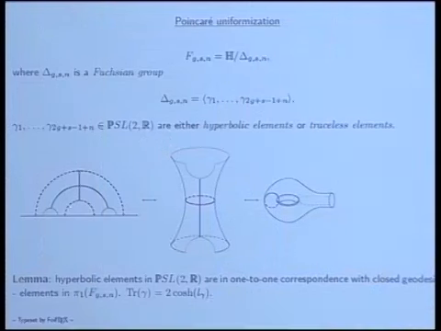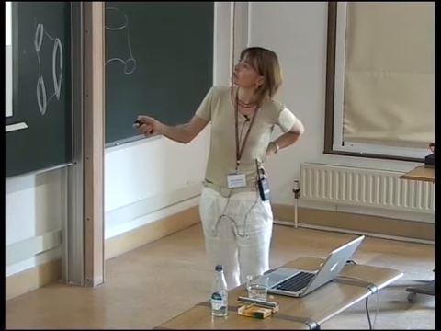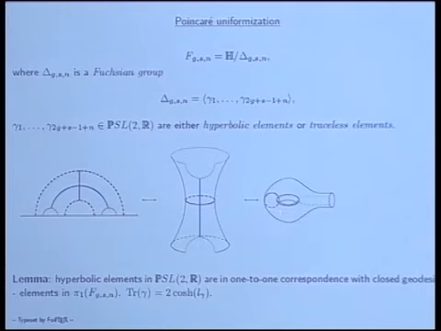If I consider the element which identifies the dashed geodesics, the red axis is invariant; it's not moved by the action of that element. When I go through my identification, I discover that it becomes a closed geodesic in my Riemann surface. The same thing holds for the element which identifies the green geodesics: there is an invariant axis, and that also corresponds to a closed geodesic in the Riemann surface.